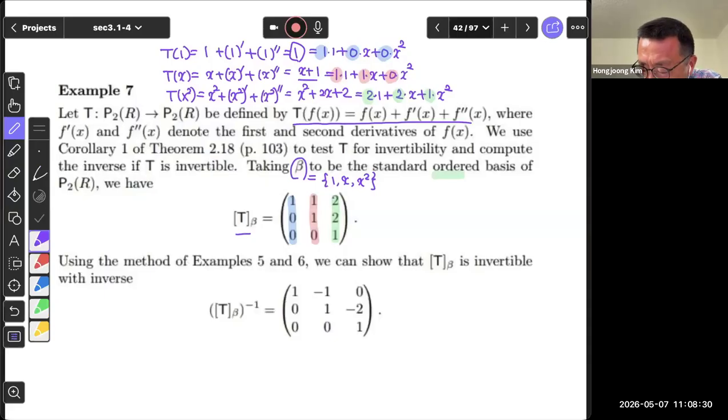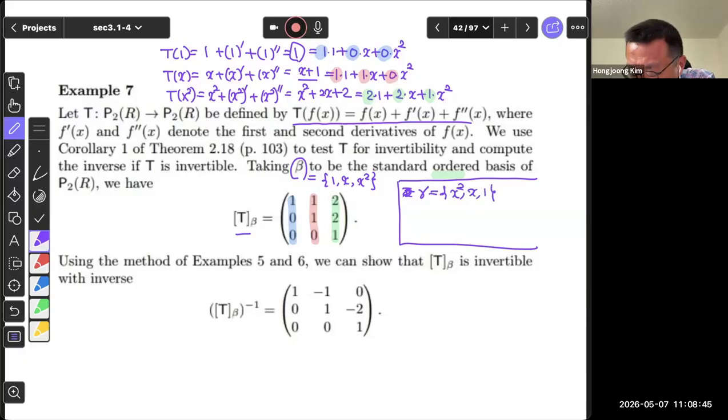If I define gamma by x squared, x, and 1, then the matrix with respect to gamma will be 1, 2, 2, and 0, 1, 1, and 0, 0, 1.